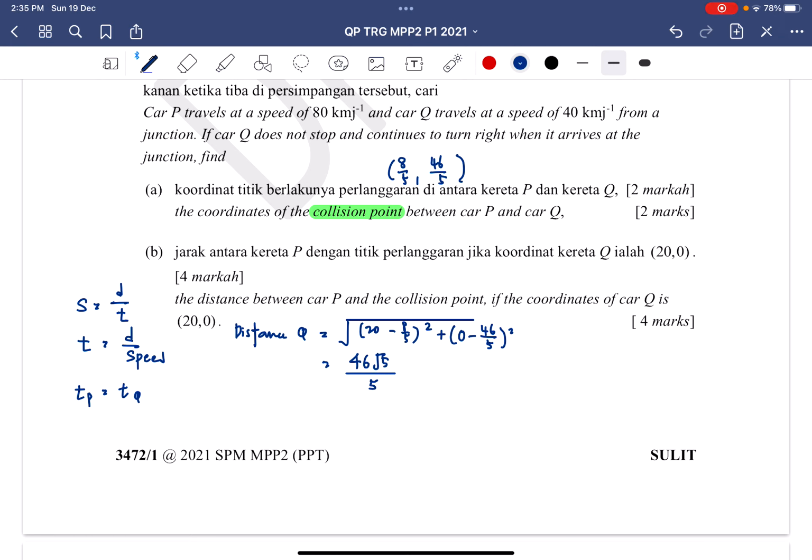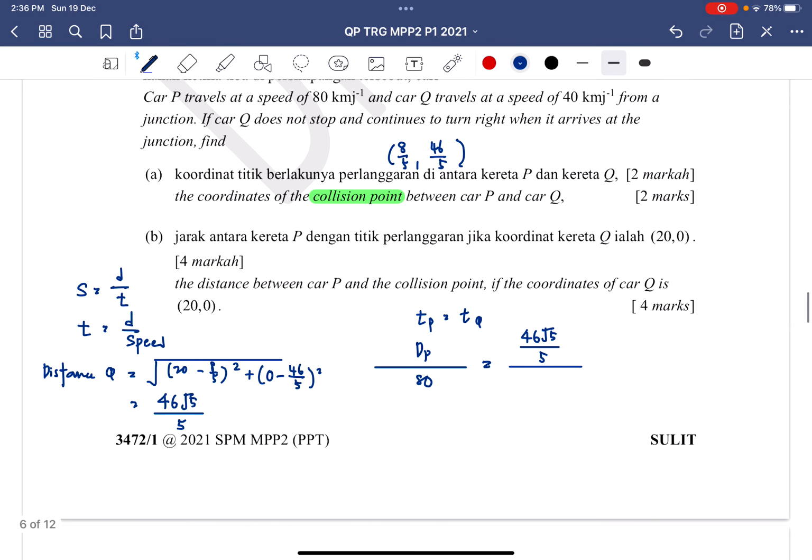So for P, I don't know the distance, but I know the speed of P is 80, equivalent to the distance for Q, 46√5/5, divided by the speed of Q, which is 40. So with this, I can get an answer.